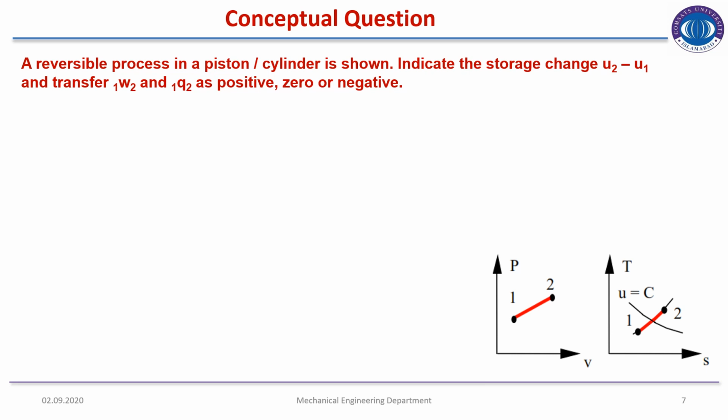A reversible process in a piston cylinder is shown. The PV and TS diagrams for the reversible process are shown. Indicate the storage change U2 minus U1 and transfers W1 to 2 and Q1 to 2 as positive, 0 or negative.